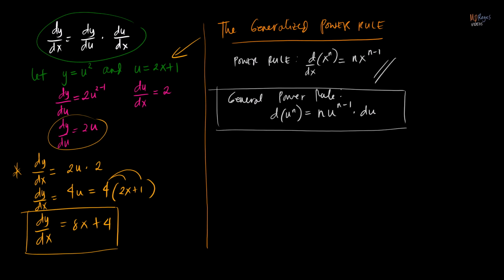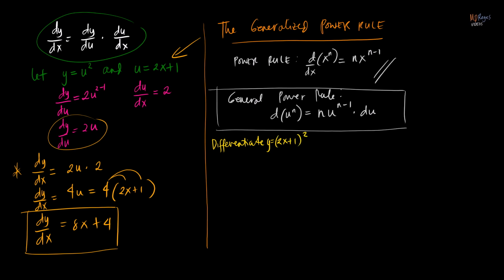Let me solve again the function in the previous example using the general power rule formula and the chain rule. Say, for example, differentiate y equals 2x plus 1 squared.